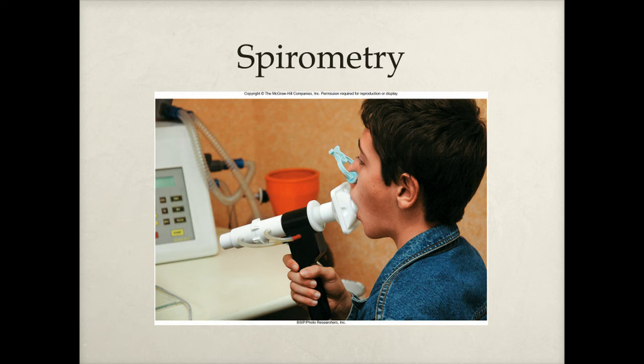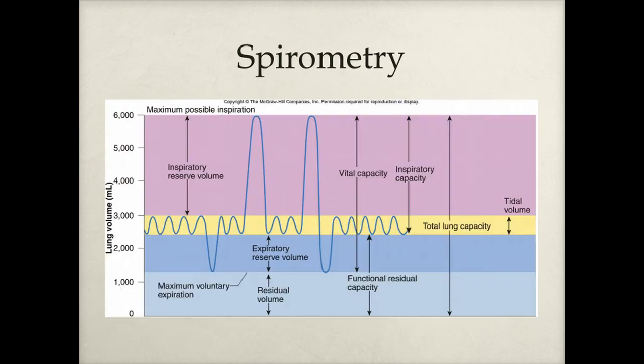So when a test like this is done, you have a recording of these volumes, and we're going to look at some of the typical volumes that are of interest when looking at someone's lung ventilation. So this graph has a lot of things going on here, but let's just get oriented.